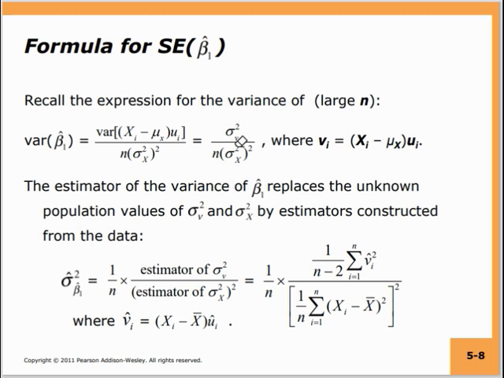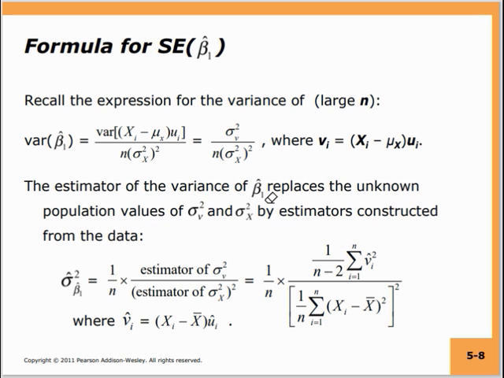We substitute the numerator by sigma square v, where vi is defined as xi minus mu x multiplied by ui. So the variance of that is in the numerator, and in the denominator we have n times the square of the variance of x.